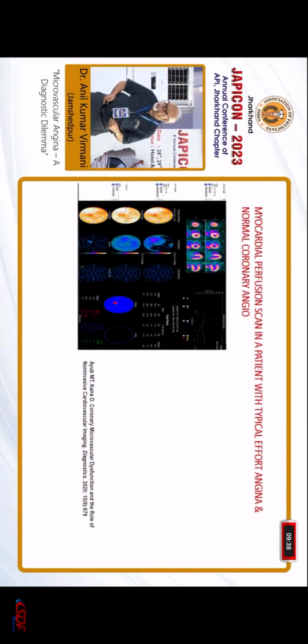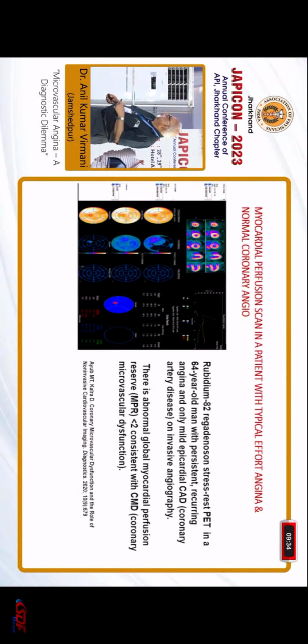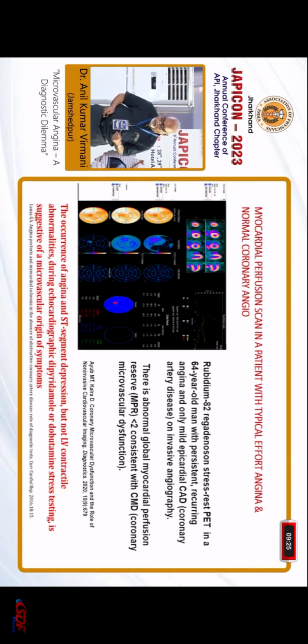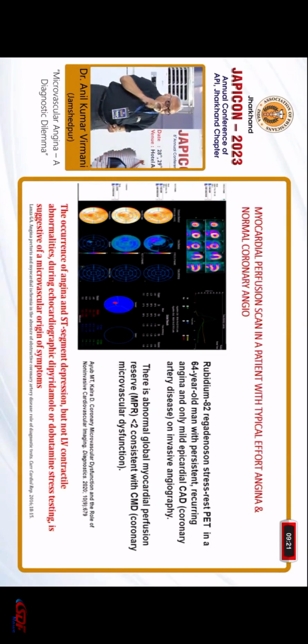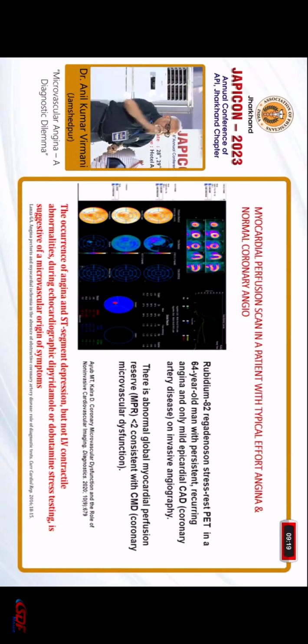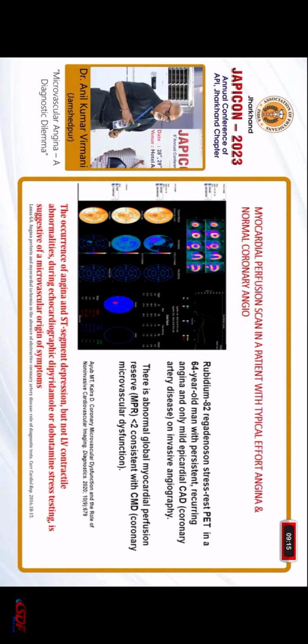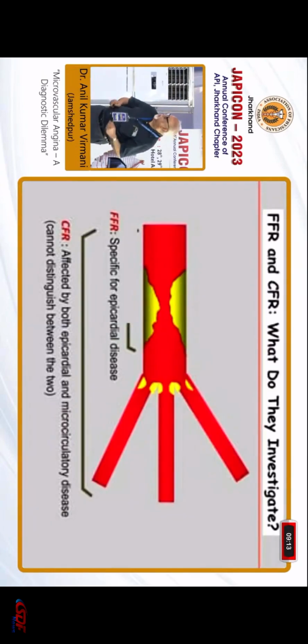Now, this is the classical one. You see a defect on the myocardial perfusion, but here there is an abnormal global myocardial perfusion, and the coronary angiography was normal. So again, I stress the fact, while doing an echo, if there is regional wall motion abnormality, it is coronary obstructive disease. If there is no RWMA, then look for microvascular angina.